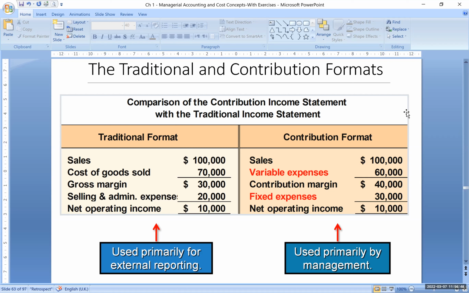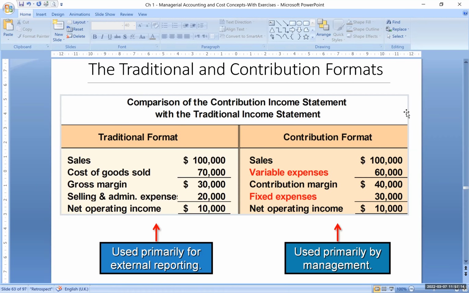We have another format called contribution format, and this is used for internal users, which is for managers. And we will use this contribution format in the next chapter, and we will discuss the importance of the contribution format for decision making by the managers.